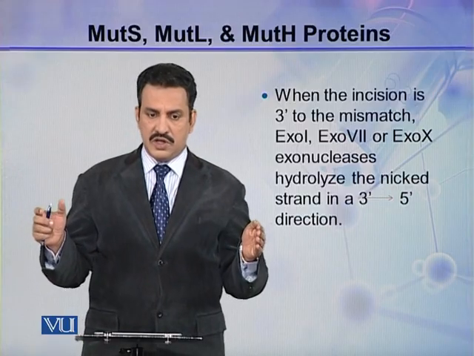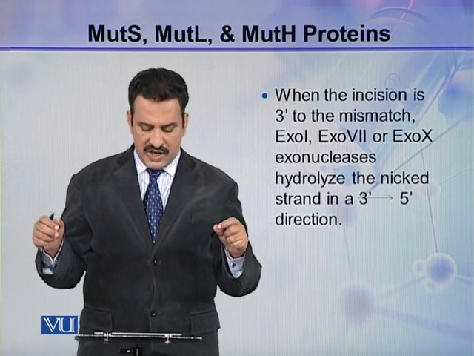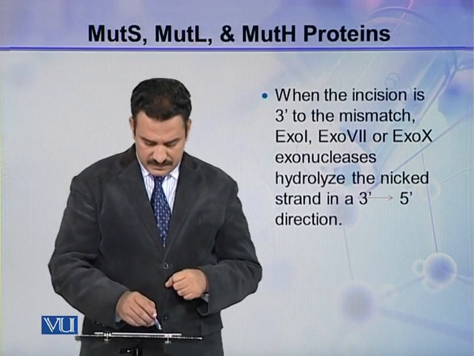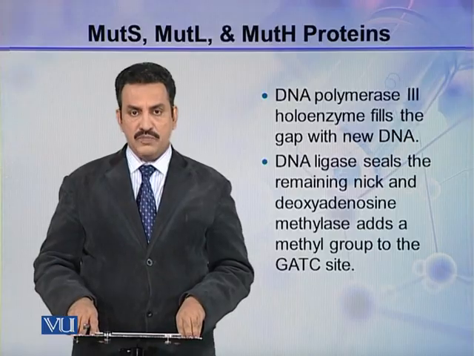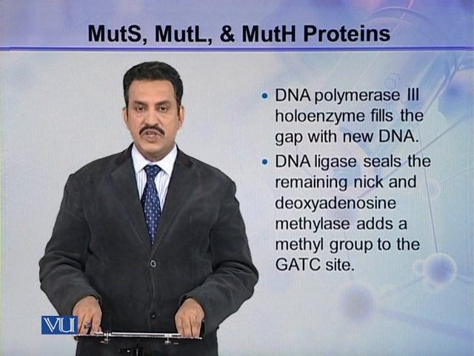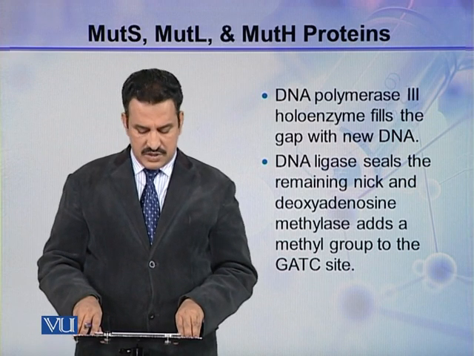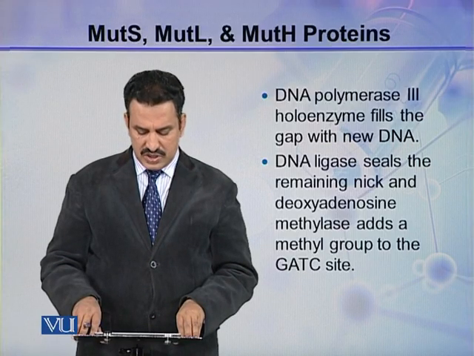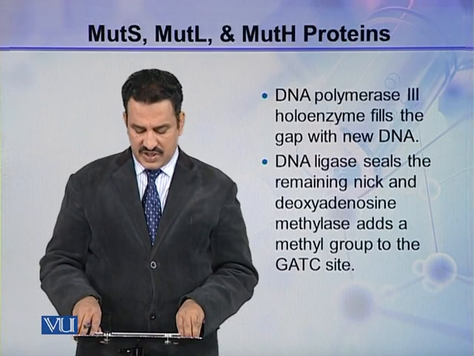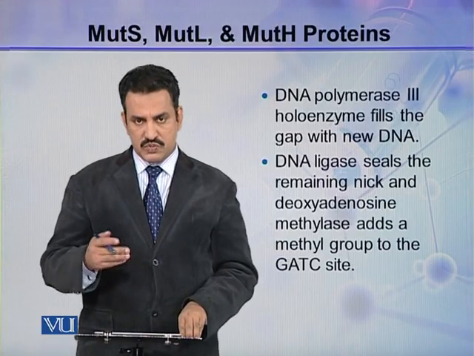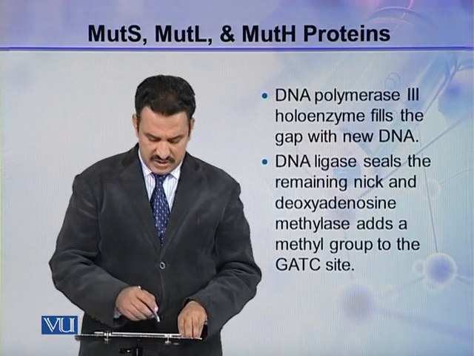So different exonucleases then cleave these nicks. DNA polymerase 3 holoenzyme fills the gap with new DNA. DNA ligase seals the remaining nick, and deoxyadenosine methylase adds a methyl group to the GATC site. So in this way, this mismatch repair is complete.